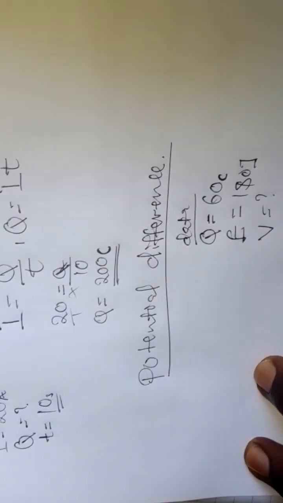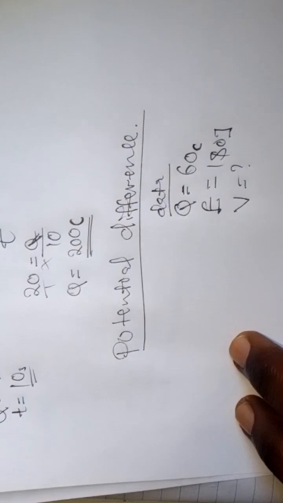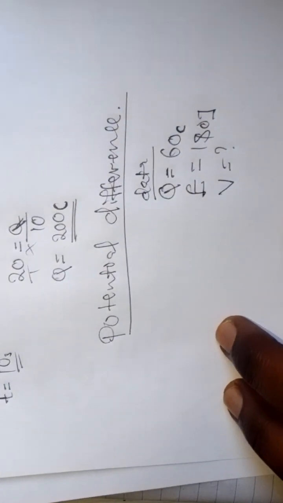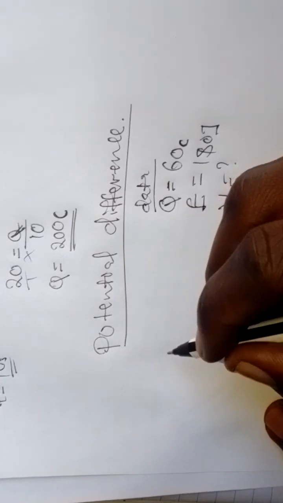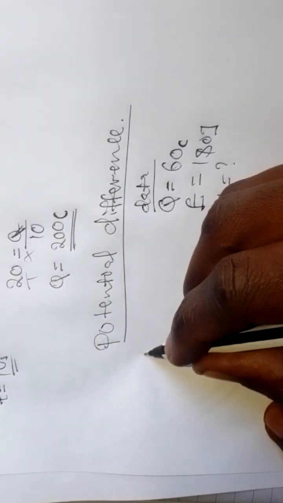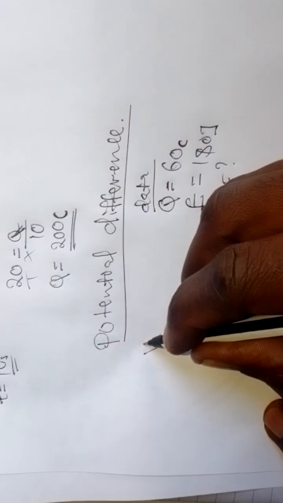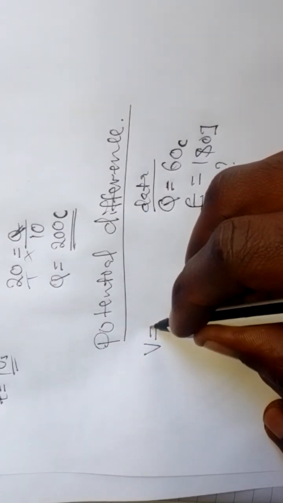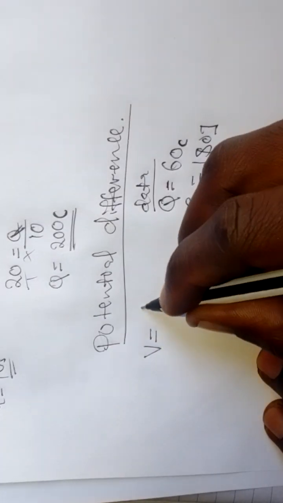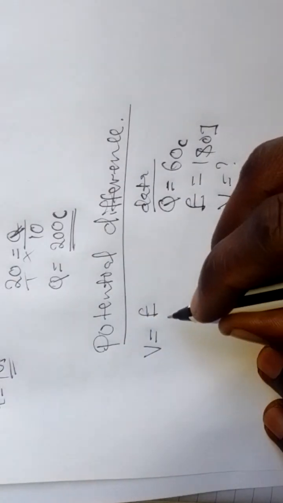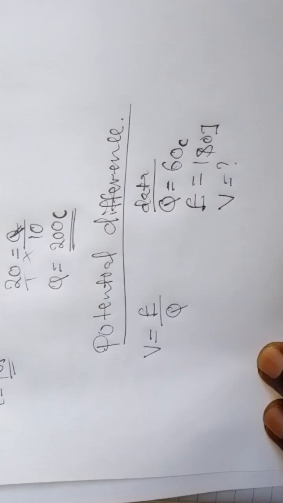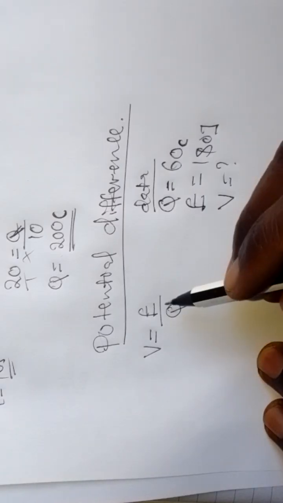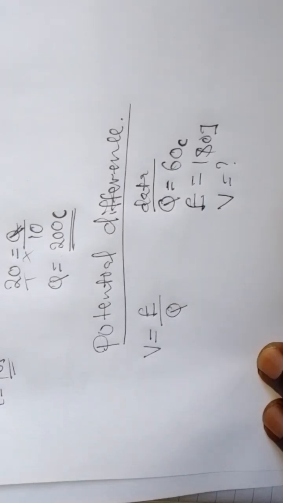So under voltage, the formula that we use, we can say potential difference PD or voltage is equal to energy over the charge, the amount of energy supplied in an electrical appliance.